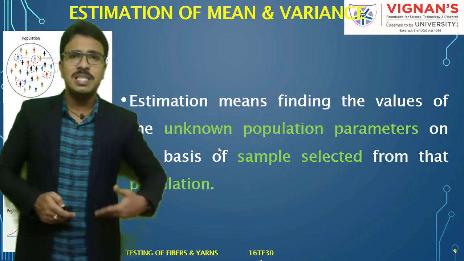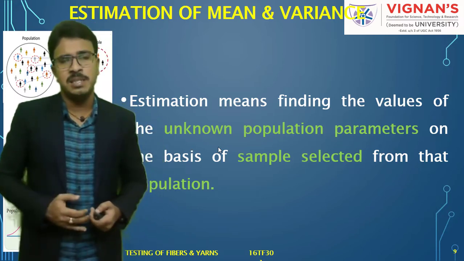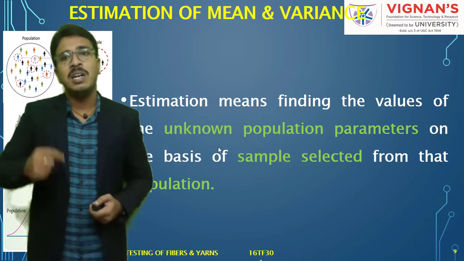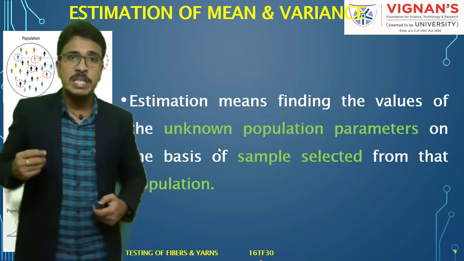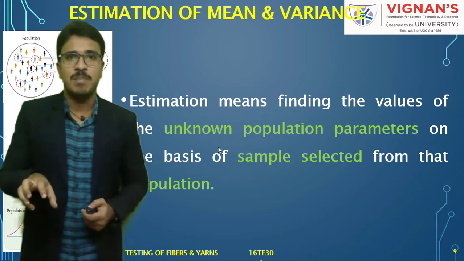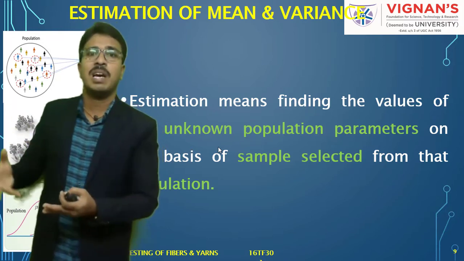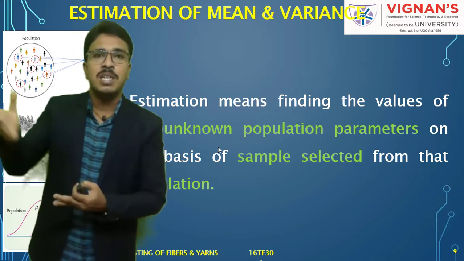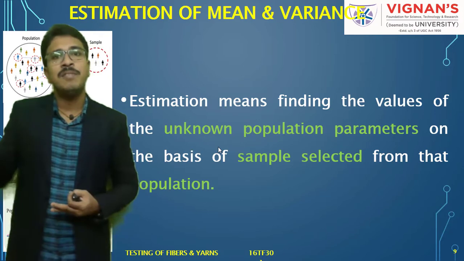Estimation means finding the values of the unknown population parameters. Say for example, the population is the 1000 kgs of yarn we have produced. We don't know the parameters of the 1000 kgs of yarn, for example, mean and variance.